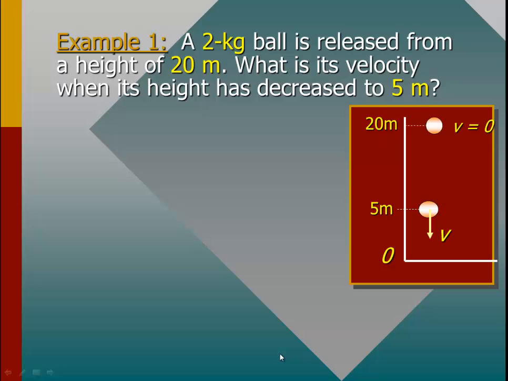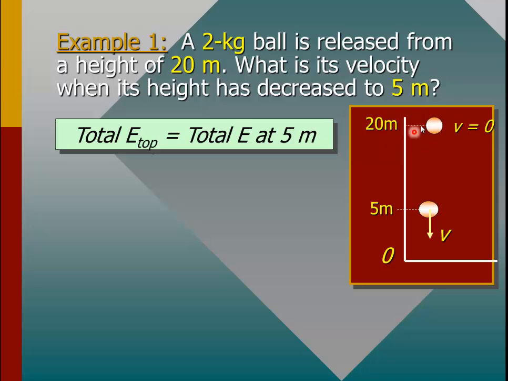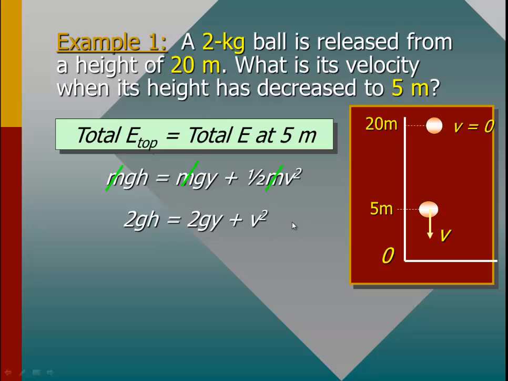Let's try this one. A 2 kilogram ball is released from a height of 20 meters. What is the velocity when its height has decreased to 5 meters? So up here, it's going to have just potential energy, and then it's going to become potential and kinetic energy. Notice that when we set these equal to each other, here's the top, and here's at 5 meters. The masses cancel. And then we can write 2gh.